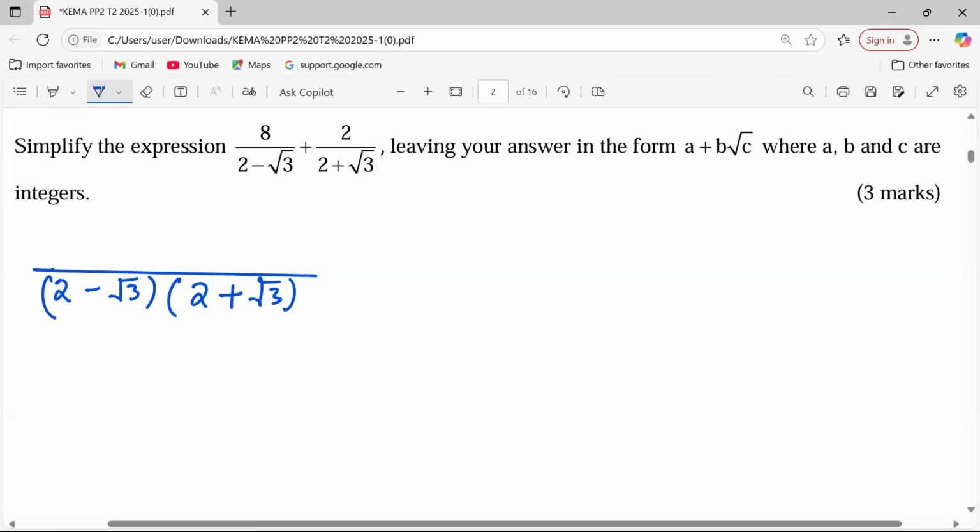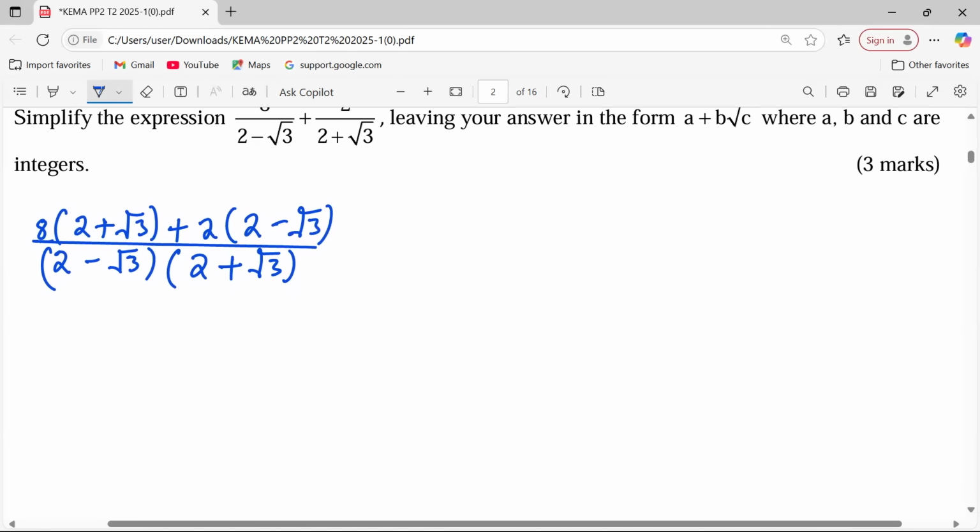What we get from that division should multiply the numerator. So we'll be multiplying 8 by 2 plus the root of 3. Then we plus, and divide again the LCM by the second denominator, 2 plus the root of 3. So 2 plus the root of 3 cancels, and we'll have 2 multiplying 2 minus the root of 3.